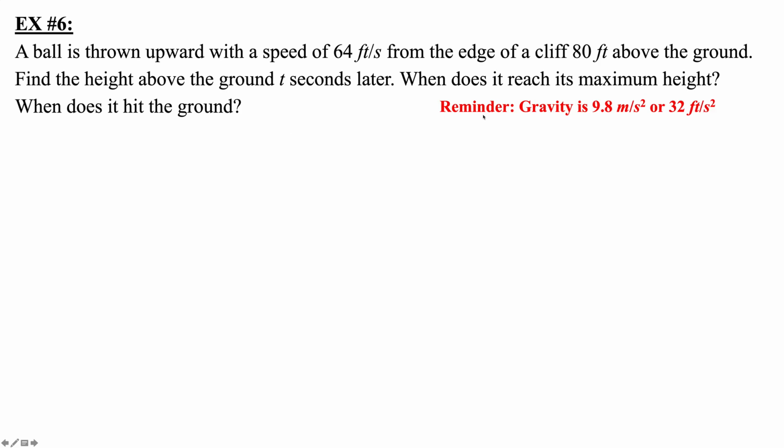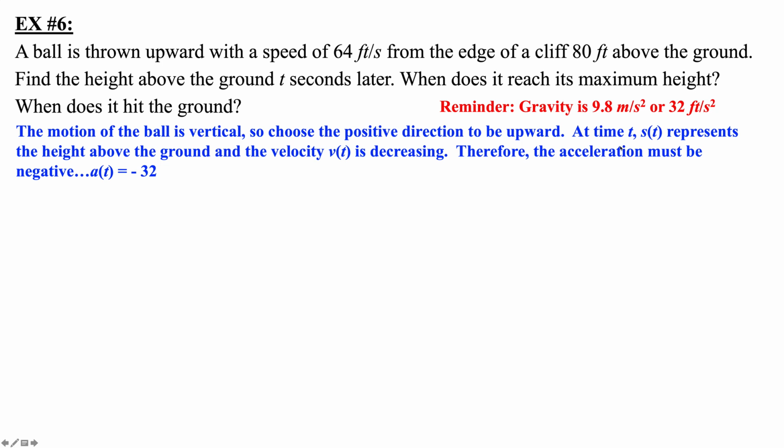All right, so reminder, remember we talked about gravity. If we're working in meters, it's 9.8 meters per second squared. But if it's in feet, which it is here, we're working with 32 feet per second squared. Okay, so to understand the problem a little better, remember the motion of the ball is vertical, so choose the positive direction to be upward.